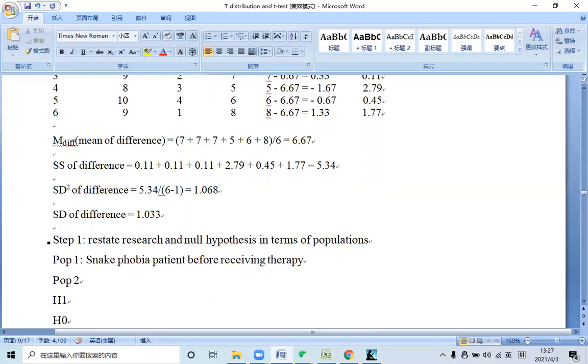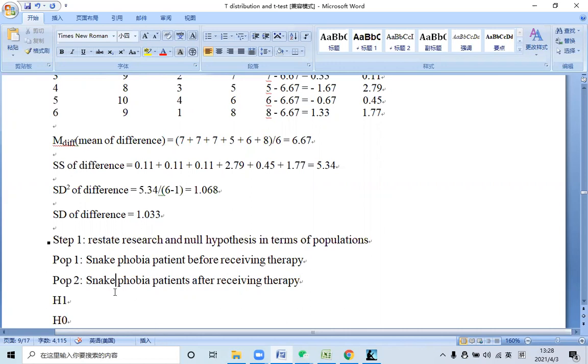Population 1 would be snake phobia patients before receiving therapy. And population 2 would be snake phobia patients after. It's before and after. These are the 2 populations we are interested in.